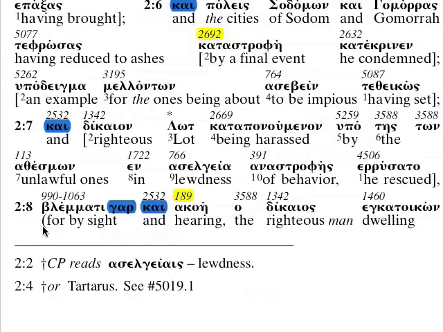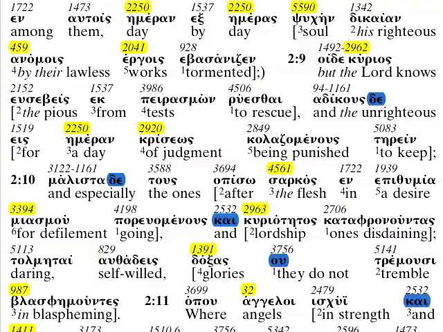Then it's in parentheses, for, and there's the gar, for by sight and hearing, akoi, we have acoustics, the righteous man, that is Lot, dwelling enavtis, righteous man, dwelling among them, imerin ex imeris, psikin dikeon, anomos, anomis, ergis, evasanizen, day by day, tormented his righteous soul by their lawless works.